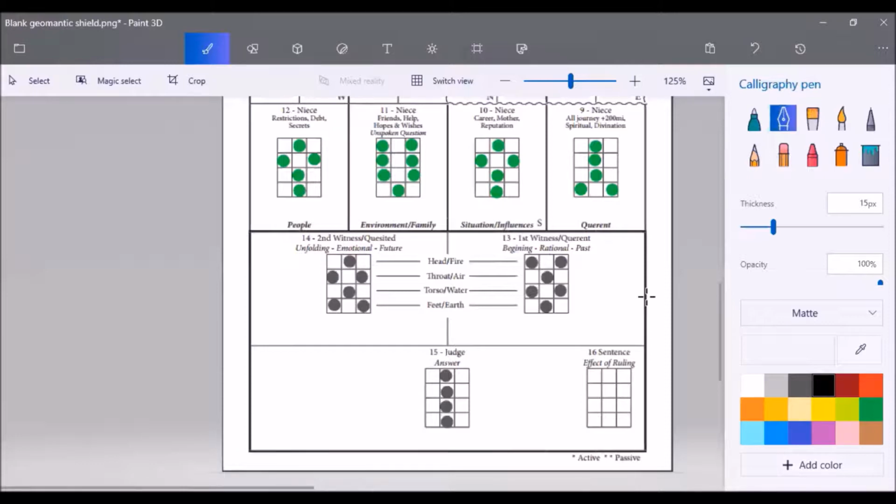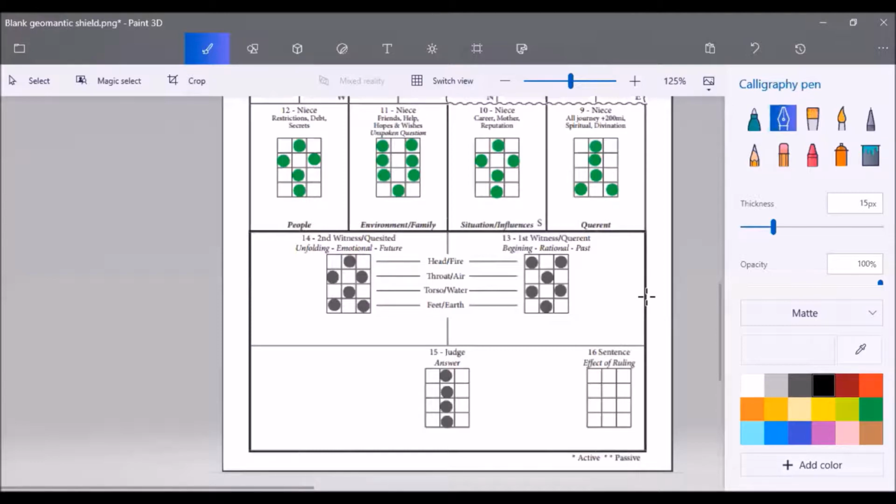For example, you can look to see if you have a favorable judge from two unfavorable witnesses. That renders a certain color, a certain feel to the chart. Probably not going to last very long.